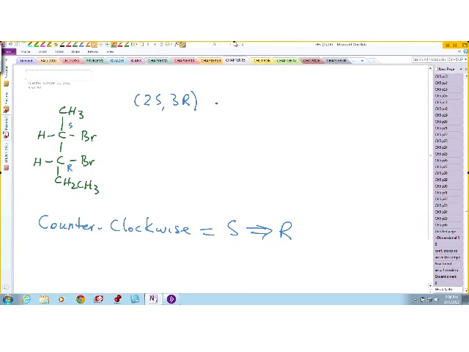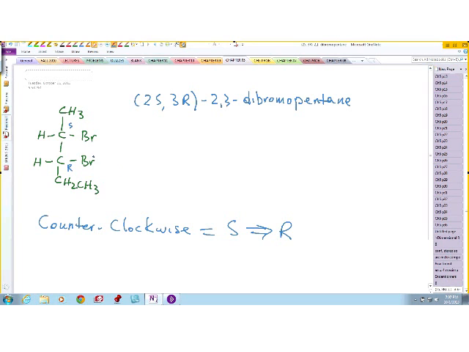Okay? Then we continue with the rest of the nomenclature. This will now be 2,3-dibromo, is that pentane? Okay, 2,3-dibromopentane.